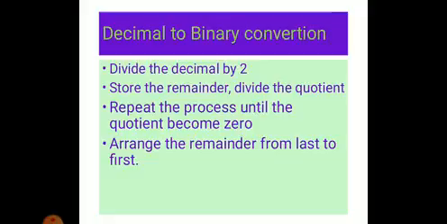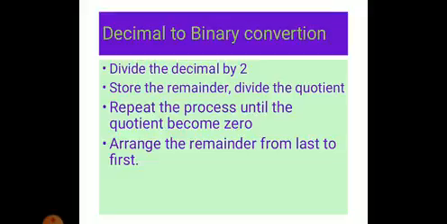Now we will recall the conversion. Last class you learned decimal to binary conversion, and I explained the steps also. While converting decimal to binary, we have to follow some steps. The first one: divide the decimal by 2.